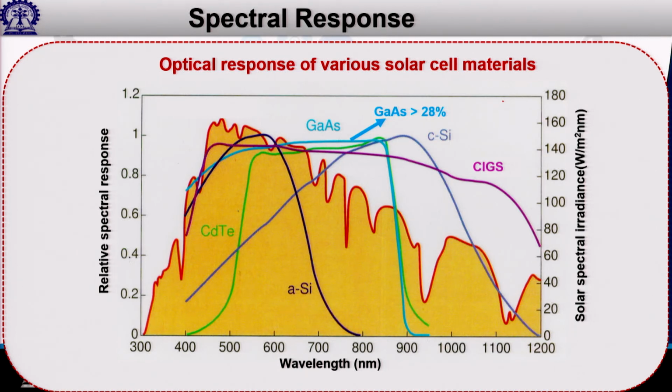The advantage of these perovskite solar cells is that they have allowed an area which is much larger than silicon cells to absorb the wavelengths, and the relative spectral response is also quite high compared to the amorphous silicon or silicon based technologies which are being used. And already we have perovskite based solar cells reporting efficiencies of 22 to 25%.